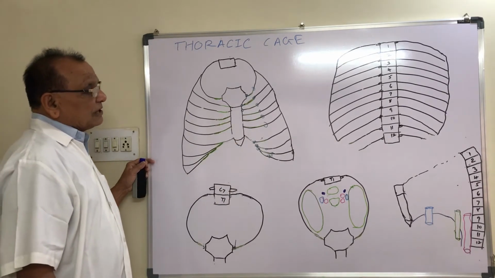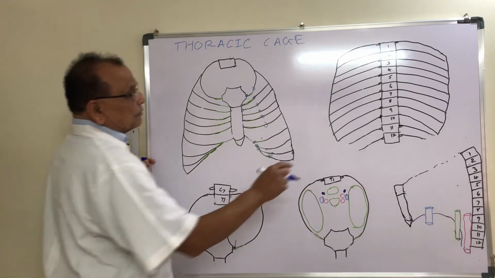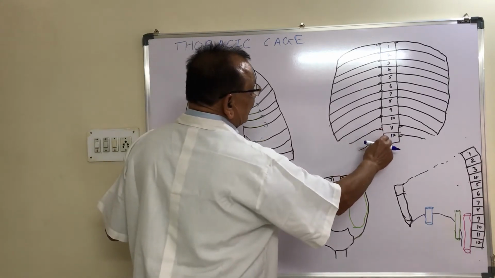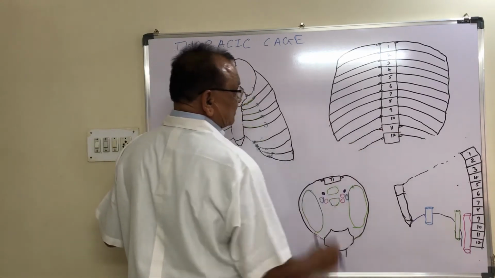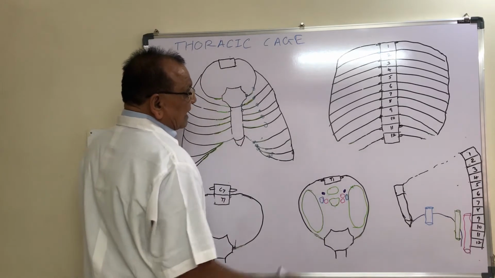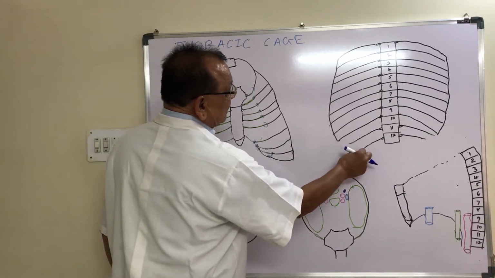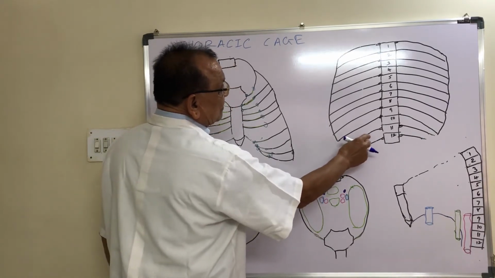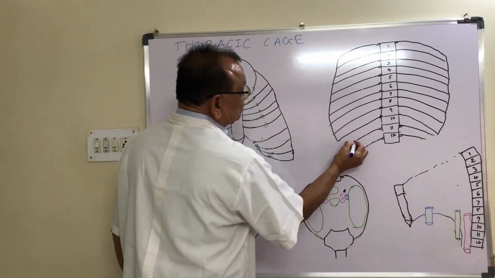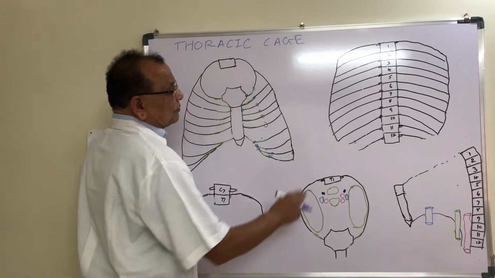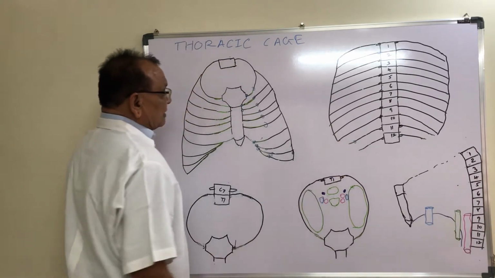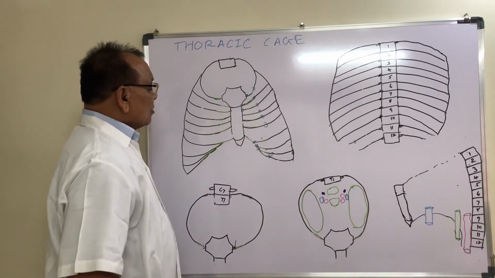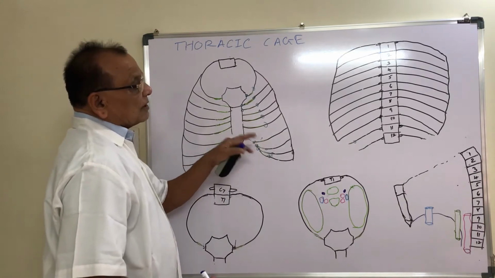Now in the 11th and 12th ribs, this is the posterior end. The posterior end of the 11th and 12th articulates with the thoracic vertebrae, and the anterior end is articulated with the costal cartilage, forming the costochondral joint. Now the costal cartilage of 11 and 12 neither articulates with the sternum nor with the costal cartilage of the rib one number above it.